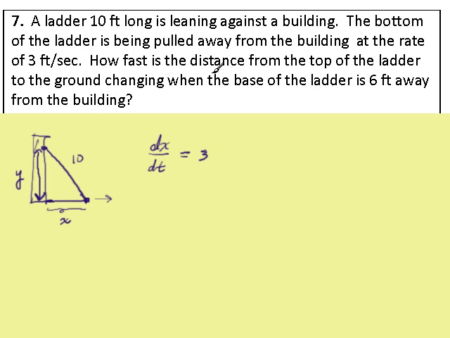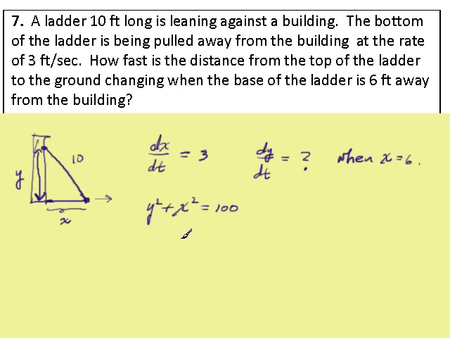And here we're asked how fast is the distance from the top of the ladder to the ground changing. All right, so that's dy/dt. How fast is y changing? What is dy/dt when the base of the ladder is 6 feet away from the building, when x is equal to 6. So first, let's write down an equation that relates x and y, and that would be the Pythagorean theorem. y squared plus x squared equals 10 squared, or 100.